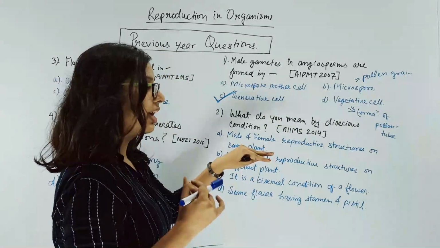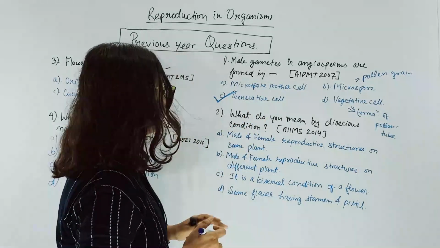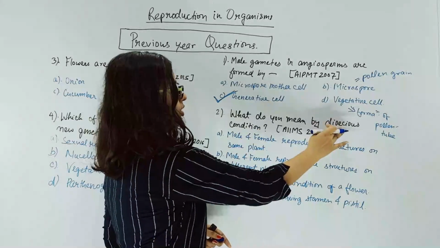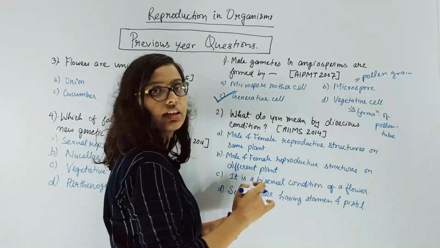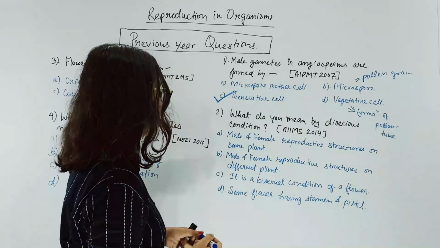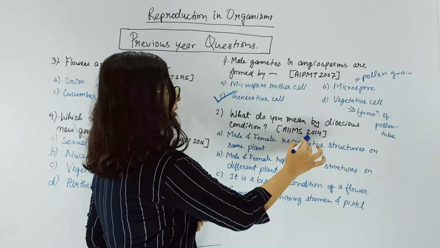The link of that video lecture is there in the description. You can see that. So what do you mean by dioecious condition? I had discussed what is dioecious and what is monoecious. This question is from AIIMS 2014.